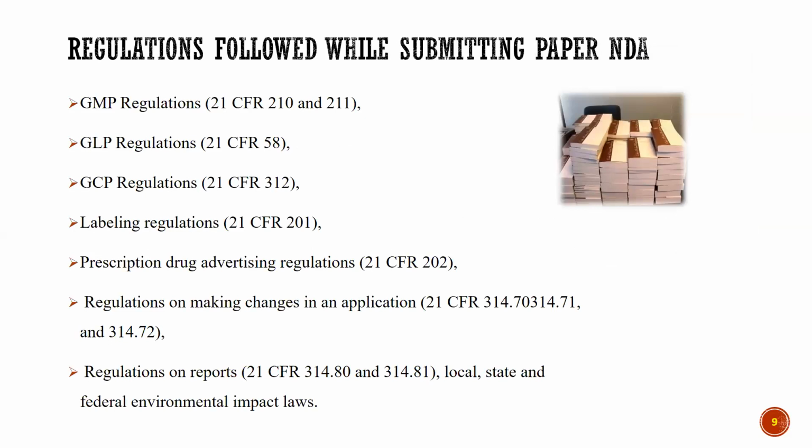Coming to the regulations which are followed during the submission of a paper NDA: GMP regulations, which are good manufacturing practices; GLP regulations, which are good laboratory practices; labeling regulations; and good clinical practices, since all the clinical trials are conducted according to GCP. Also laboratory requirements conducted according to good laboratory practices, prescription drug advertising regulations, regulations on making changes in applications, and regulations on reports to local and state federal environmental impact laws.